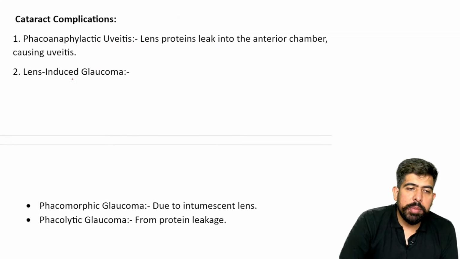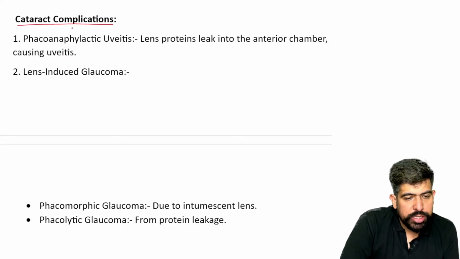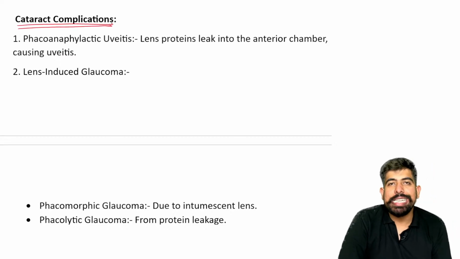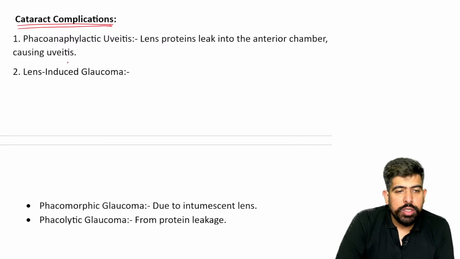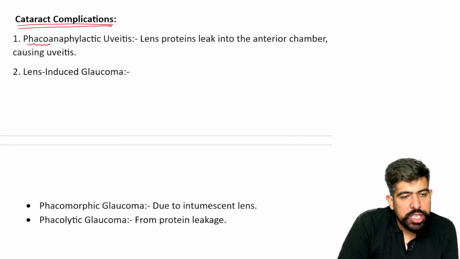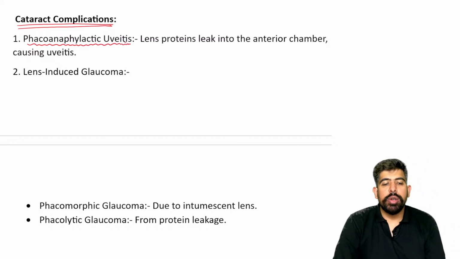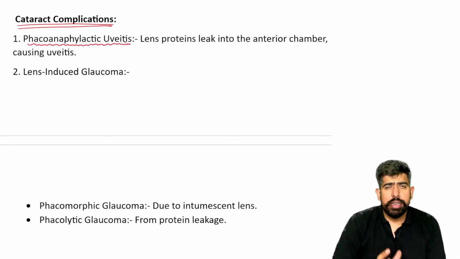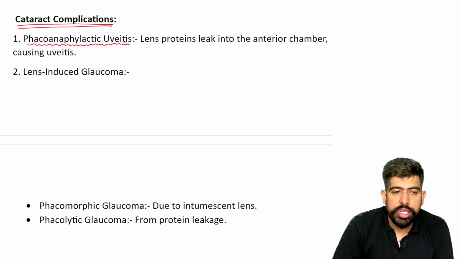Now, talking about cataract complications, what complications can we see in the cataract patient? Please remember about it. The first one is phacoanaphylactic uveitis. As we talked about yesterday in the anatomy of the eye, the intermediate layer is the vascular layer, also known as the uveal tract.